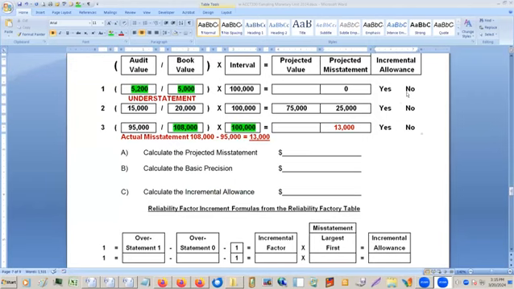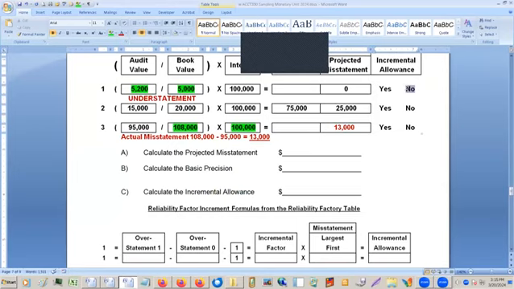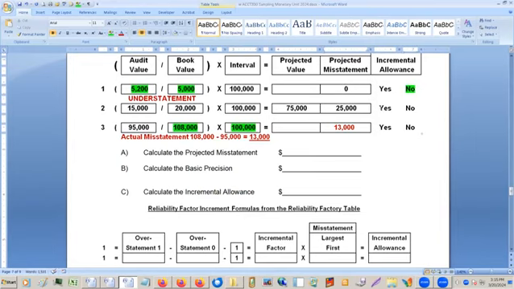So incremental allowance for the first one, well, it wouldn't matter anyways, but no, because it's not a misstatement. The second one, yeah, it could be. There could be more because there could be more things wrong in that interval. We've got 20,000 and 100,000 here. This only covers 20,000.